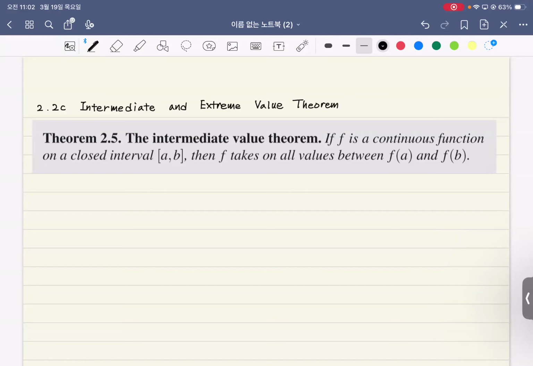Therefore, from now on, we are going to assume that f(a) and f(b) are two different numbers. Moreover, I'm going to assume that f(a) is greater than f(b), without loss of generality.